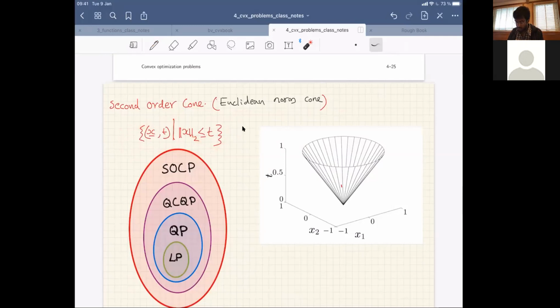It has a shape like the ice cream cone, right? Where you have x here and t here, so it's a pair (x, t) such that the norm of x has to be less than or equal to t, but t is a non-negative quantity. So this is the second order cone.